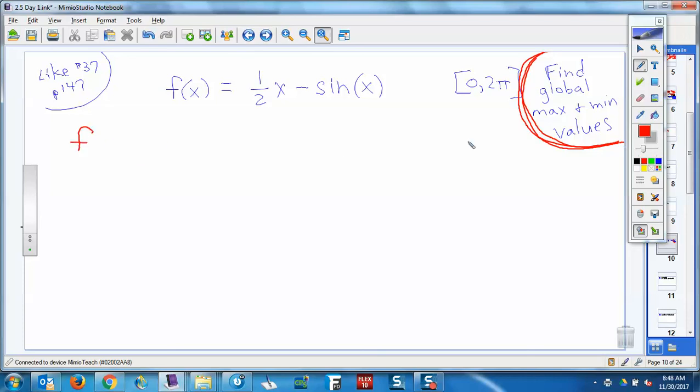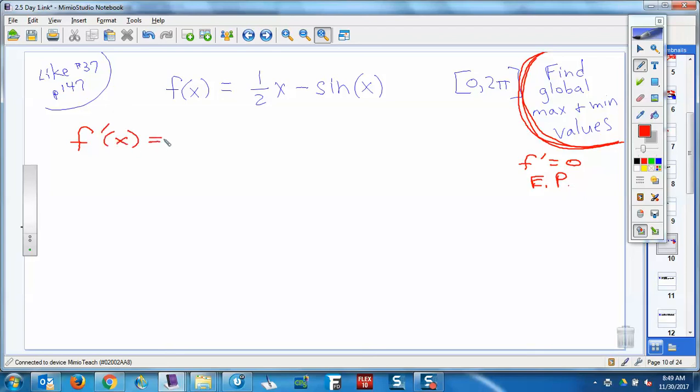Find the candidates, which are when f prime is 0 and the endpoints. So our candidates, the places that the global max and min can occur, are at those 2 places. Well, we already know the endpoints. They told us 0 and 2 pi. So all we have to do is find where the derivative is 0.